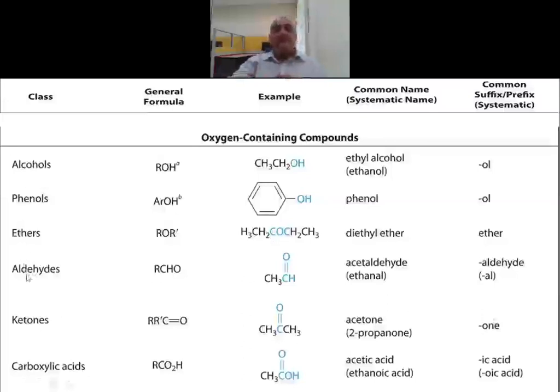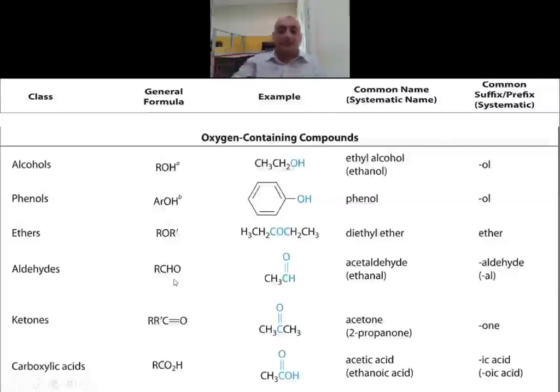The next one is aldehyde. What is the difference between an aldehyde and ketone? The difference between aldehyde and ketone is that this functional group CHO always comes at the end.